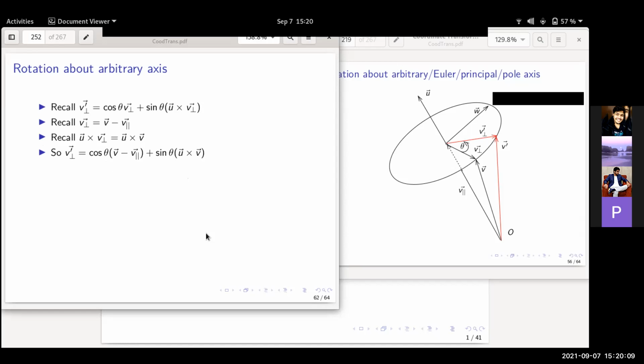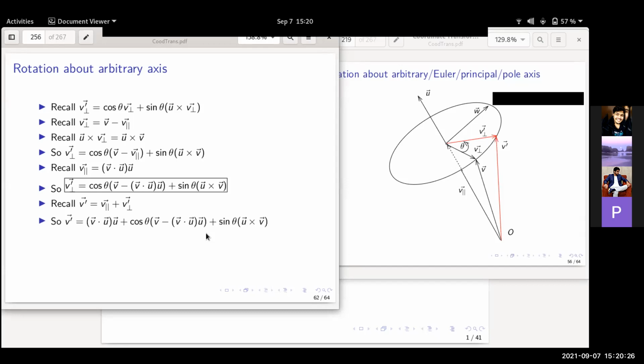That's all. V parallel is already V dot U in the U direction. This was our first derivation. So you simply add V parallel plus V perp dash. So this is your expression. On simplification, you obtain this.